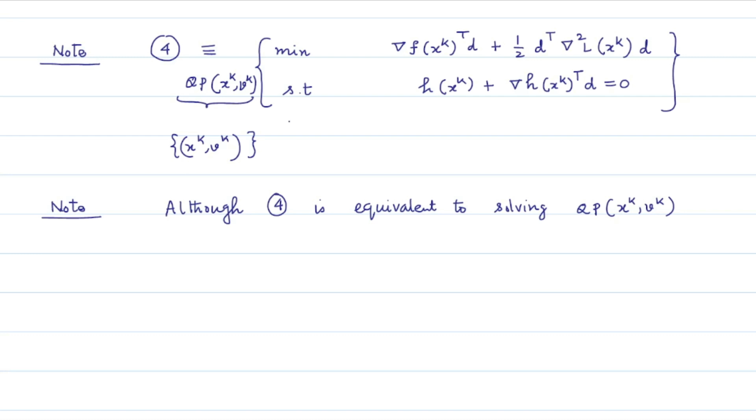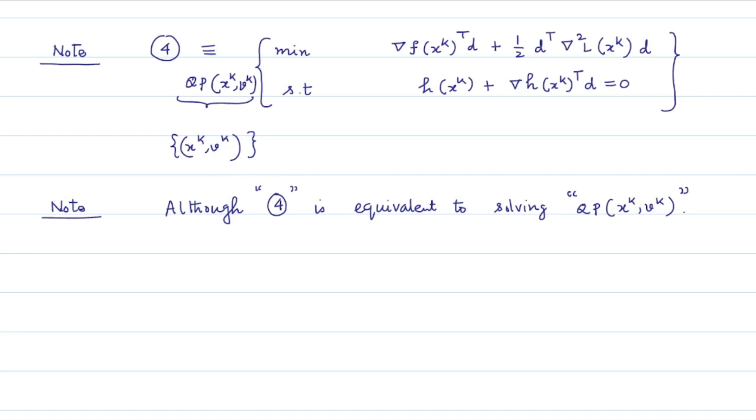If there are many KKT points of the original problem, this sequence will move towards that particular KKT point, which is truly a minimizer of the original problem capital P. So due to the fact that this objective function is taking into account the curvature information of the original objective function, solving out this quadratic programming problem at the point xk, vk is more beneficial than just go for solving the system 4 to execute the sequence xk, vk.